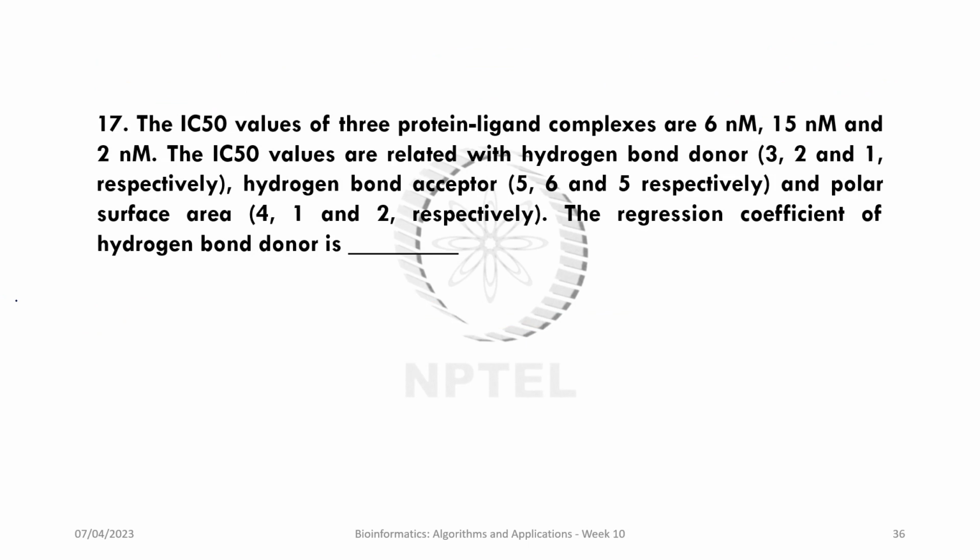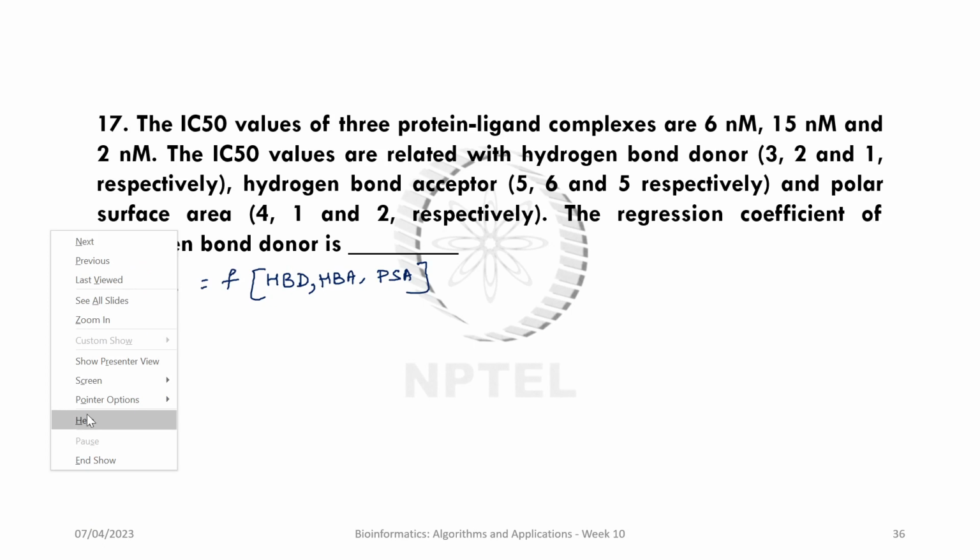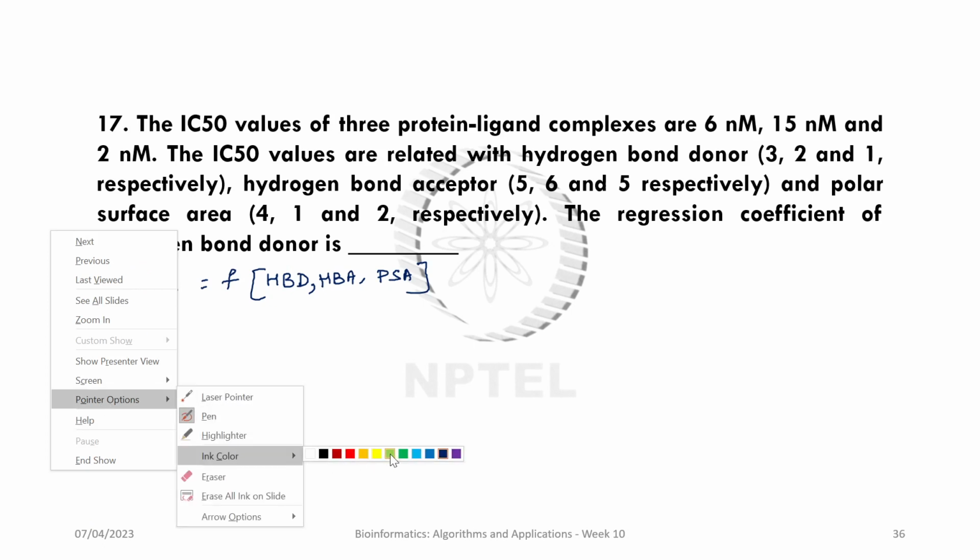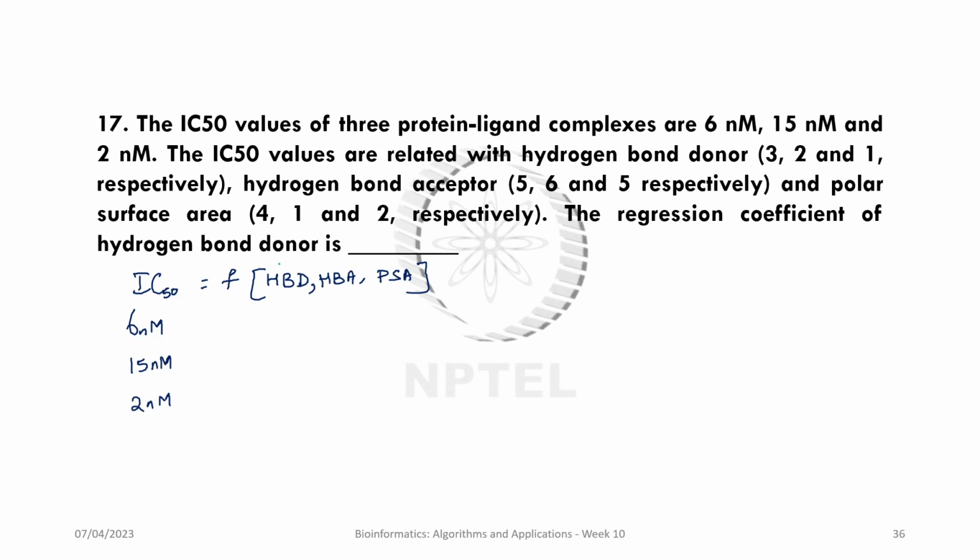Question 17, another similar question. IC50 values of three protein ligand complexes are 6 nanomolar, 15 nanomolar, and 2 nanomolar, where IC50 is a function of hydrogen bond donor, hydrogen bond acceptor, and polar surface area, which are going to be named as X, Y, and Z. Hydrogen bond donors are given by 3, 2, and 1.